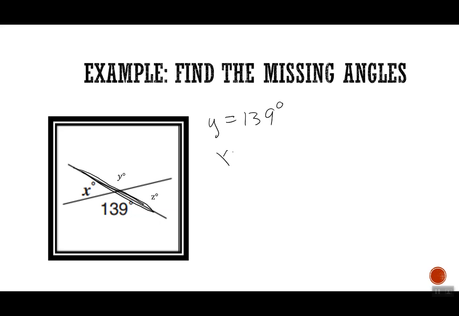So to get the value of X, I can do 180 minus 139. This gives me 41 degrees. X and Z are vertical, so I immediately know that Z is also 41 degrees.